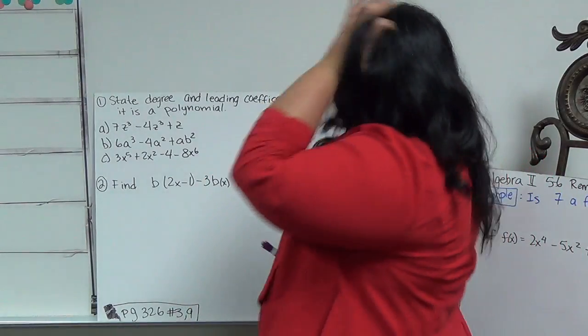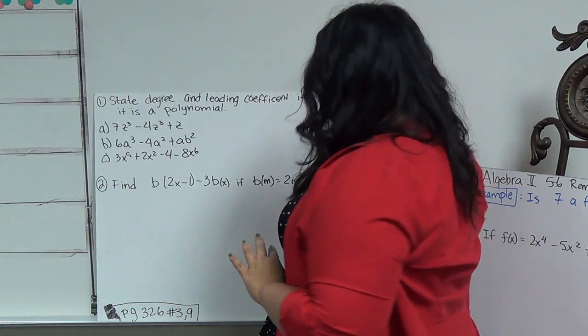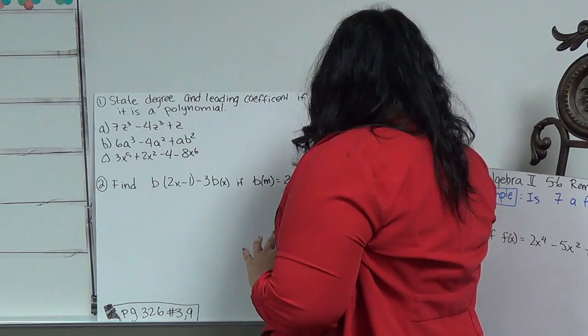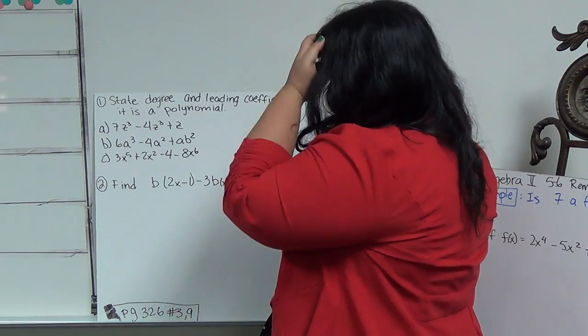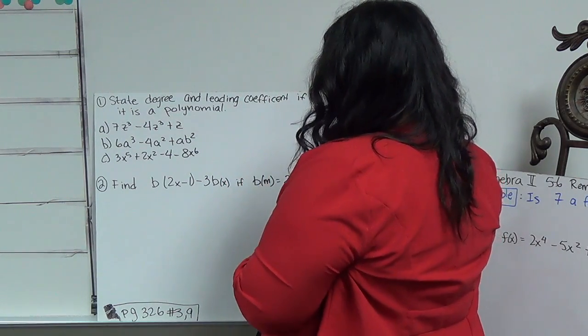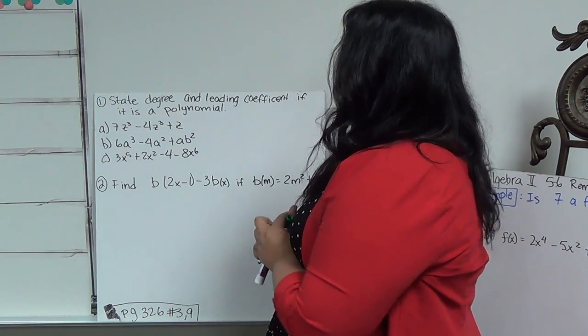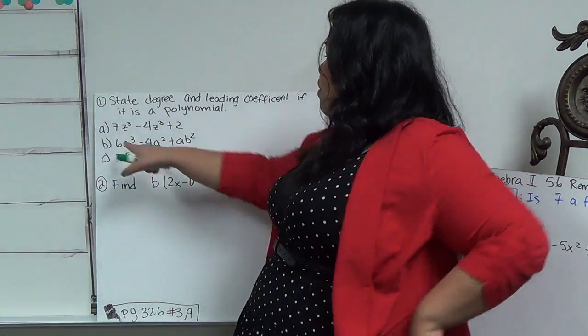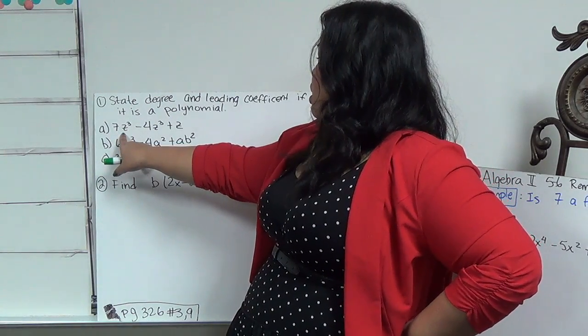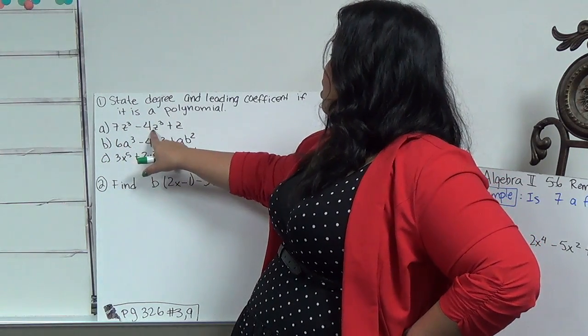So, the degree and leading coefficient, again, is the one with the highest variable. So this one right here, it's 7z cubed minus 4z cubed.